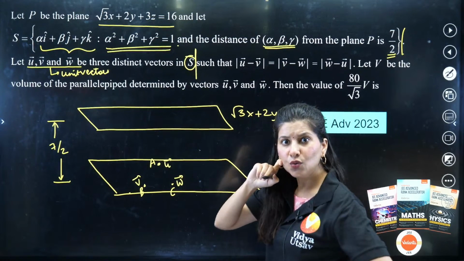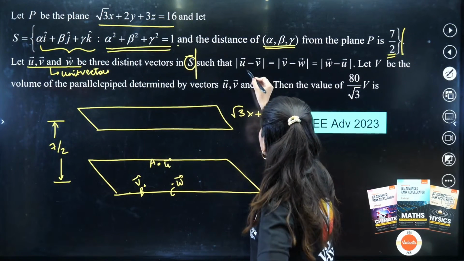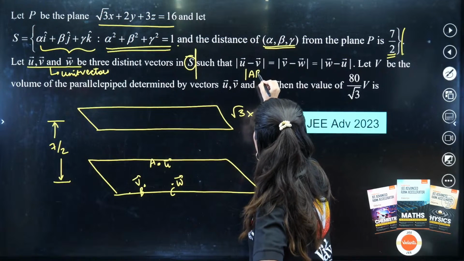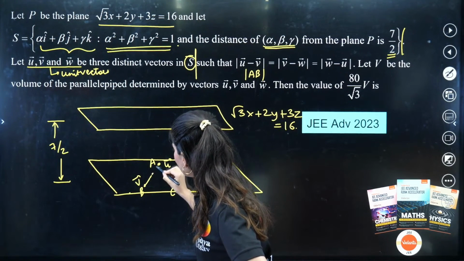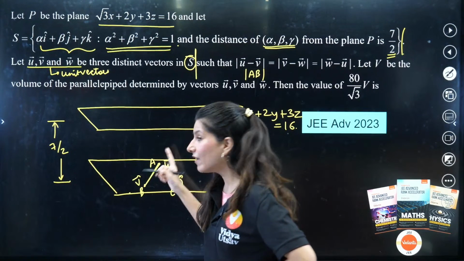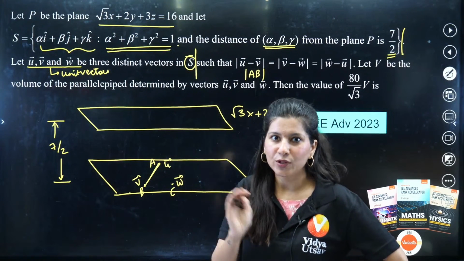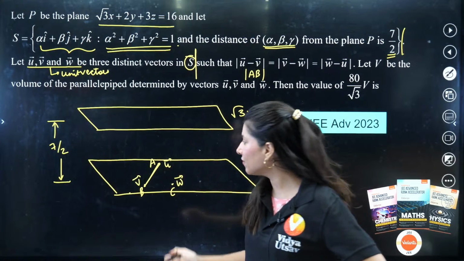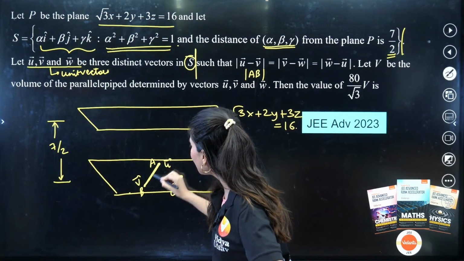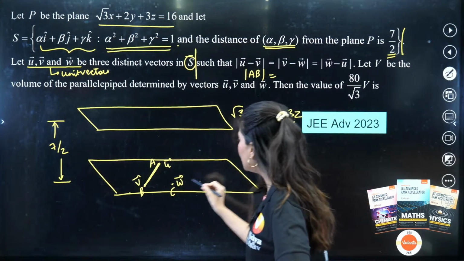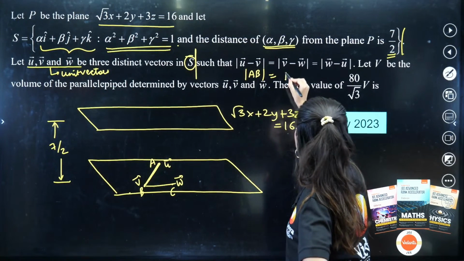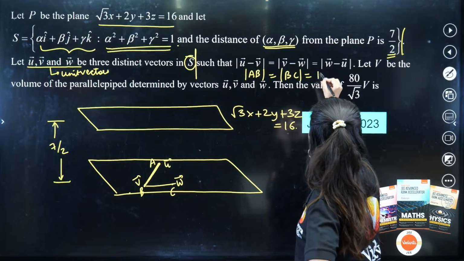Now can you see U minus V? U minus V is AB. What is the AB vector? If U and V are 2 points, then the AB vector is the position vector of B minus the position vector of A. So this U minus V vector is nothing but the length of AB, and V minus W is the length of BC, and this is CA.